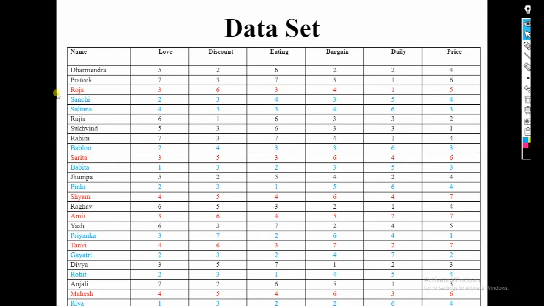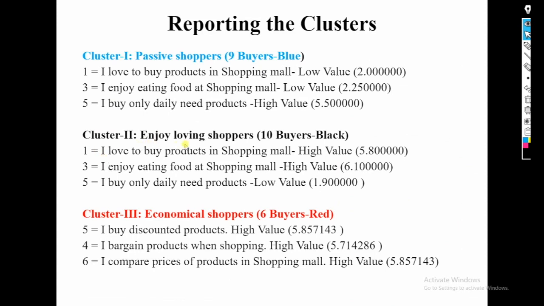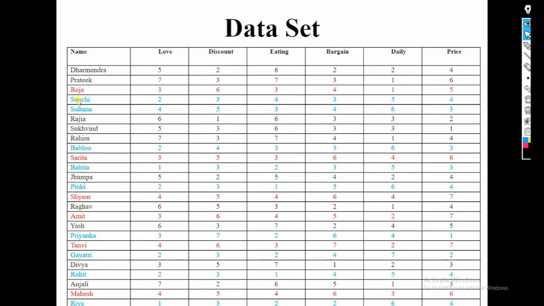And who are they? Now you can see the red means economical: Roja, Sarita, Shyam, Amit, Tanvi and Mahesh. These 6 people are the economical shoppers. And enjoy loving, black. Enjoy loving means Dharmender, Prateek, Rajia, Sukhvinder, Rahim, Jhumpa, Raghav, Yash, Divya, Anjali.